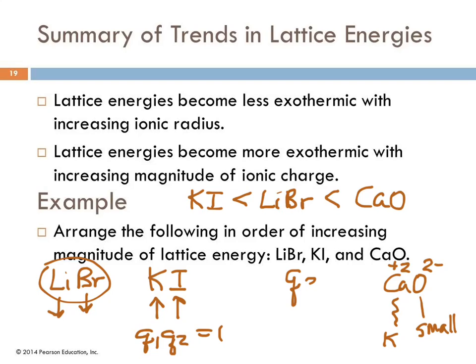On calcium oxide, Q1, Q2 equals 4. That's going to figure in a factor of 4. And the size difference on the other ions is kind of a wash, probably.